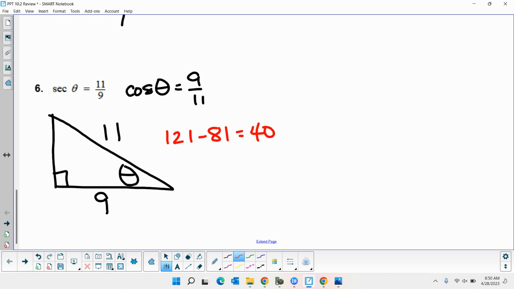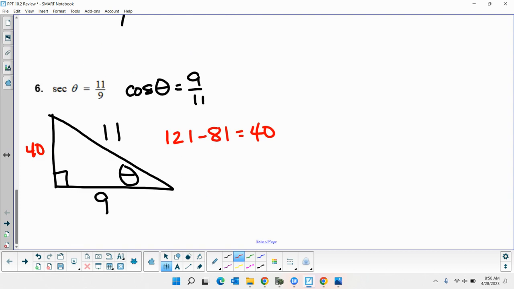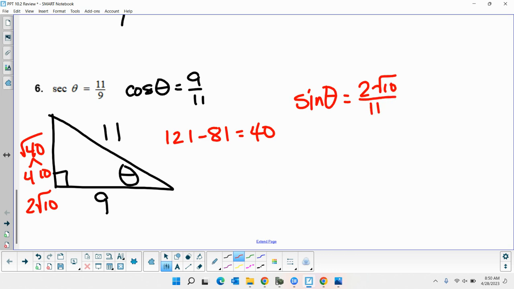81 for that, 121. So when you take the square root of that, that's a 4 and a 10, right? So that's 2 radical 10. So that's what it should be. So sine is 2 radical 10 over 11.